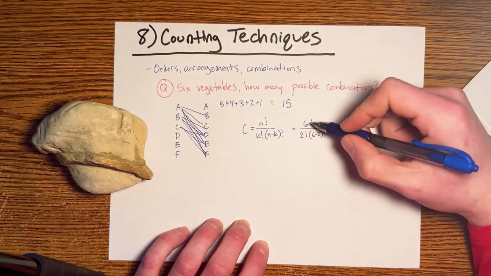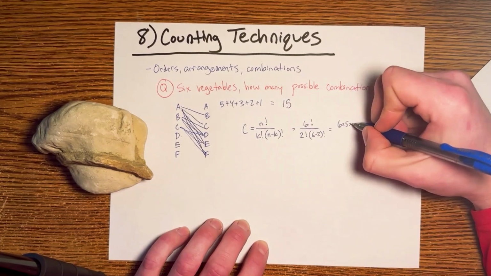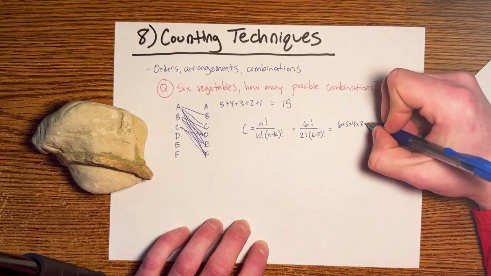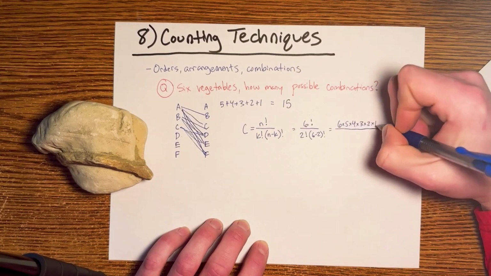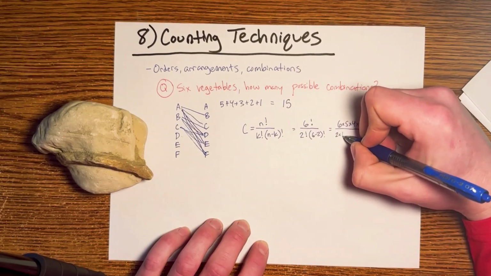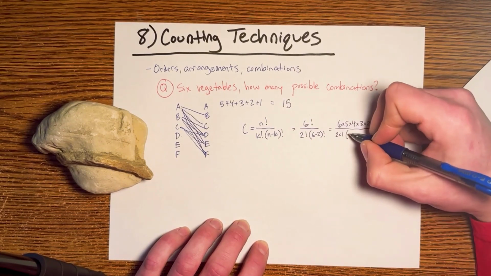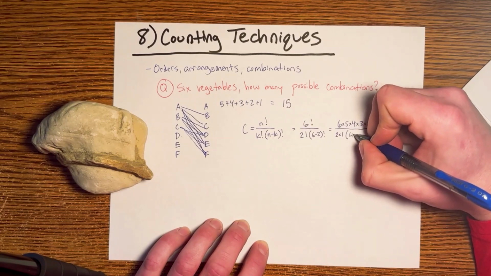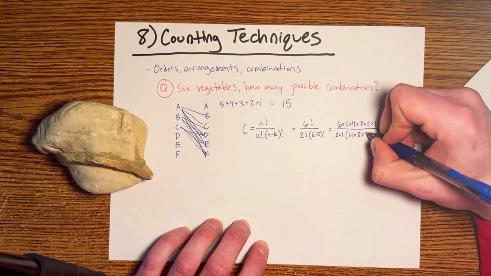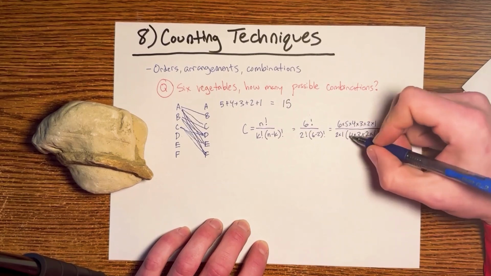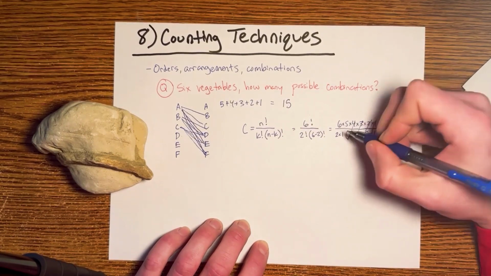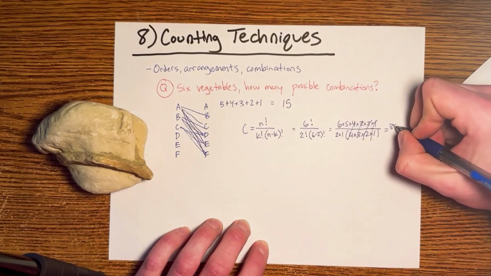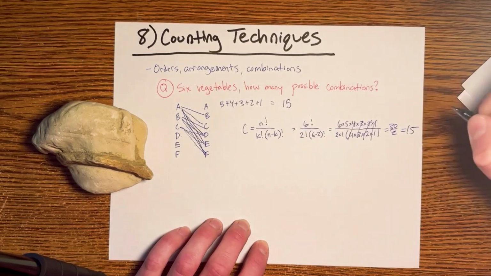And then each of these, so 6 factorial means 6 times 5 times 4 times 3 times 2 times 1, divided by 2 factorial, which would be 2 times 1, and then 4 factorial would be 4 times 3 times 2 times 1. We can cancel out all these. So we have 30 divided by 2, or 15.